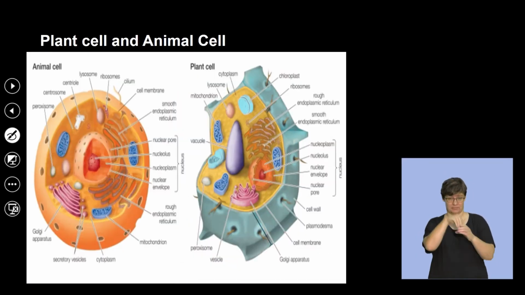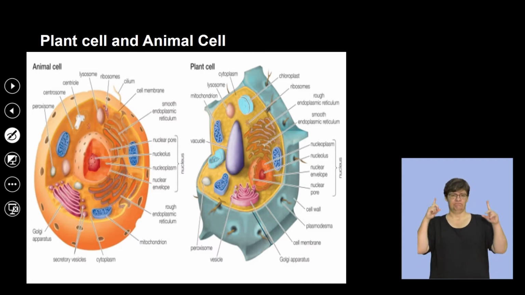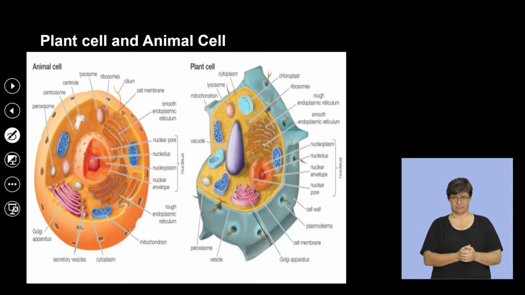So an overview of these cells, and I know that these are having complex structures that are present. So let's identify and look at each one of them separately, and then we'll zone in on each of these organelles and unpack them. So when we look at an animal cell, we can clearly see that there's a significant difference in their shape.